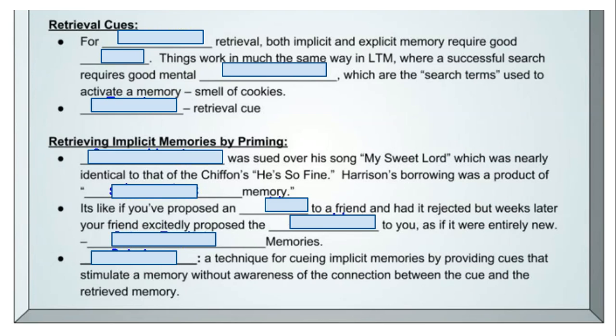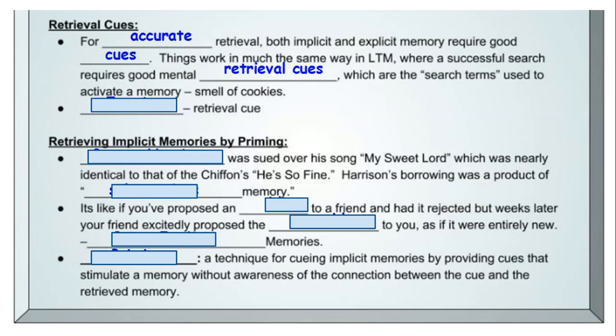So, retrieval cues. For accurate retrieval, both implicit and explicit memory require good cues. Things work much the same way in long-term memory, where a successful search requires good mental retrieval cues, which are kind of search terms used to activate a memory.